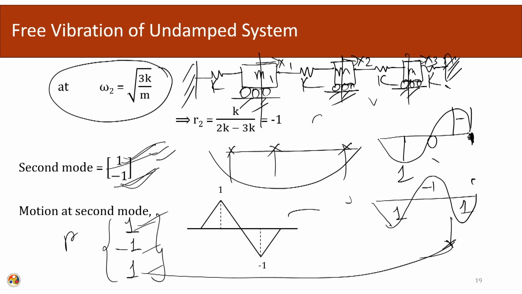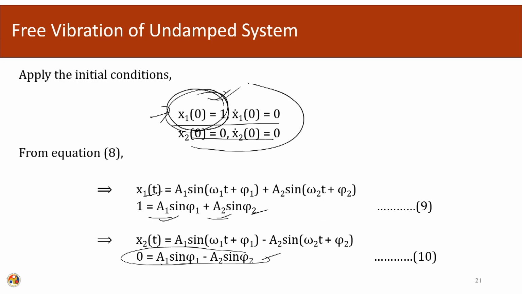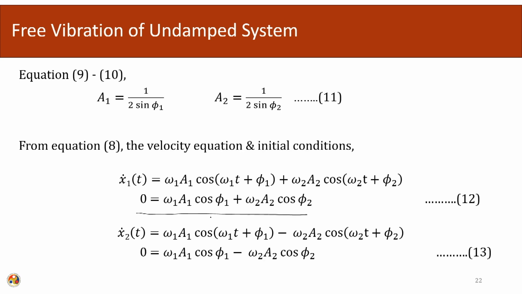Just to see how it works out, after that we put the values of A1 and R1 into our equations of x1 and x2. After that we put the initial conditions. Using the initial conditions we calculate the values of A1 and A2. You can cross check and cross verify the values of A1 and A2.